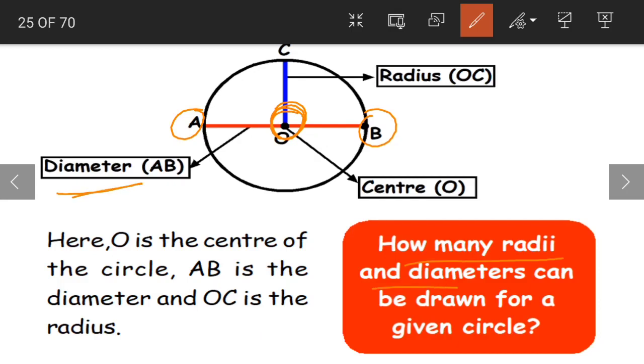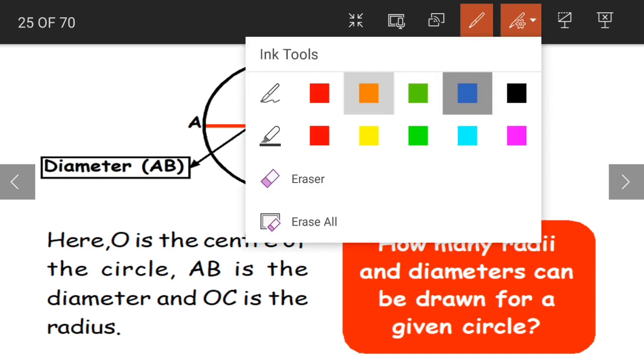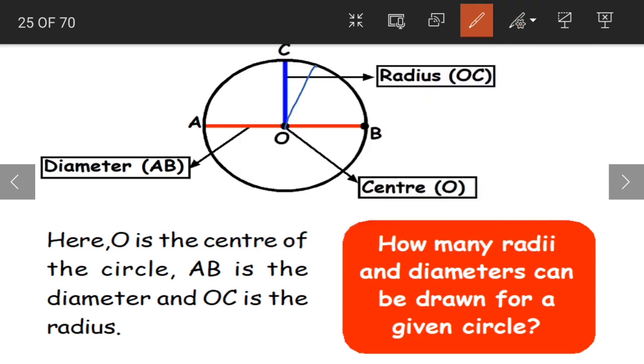Now how many radii and diameters can be drawn for a given circle? As we have discussed previously, let me take a blue line. From the center we can join any point on the circle. No matter which it is, all will be a radius of the given circle and the length will be the same. So from this what can we understand, children?